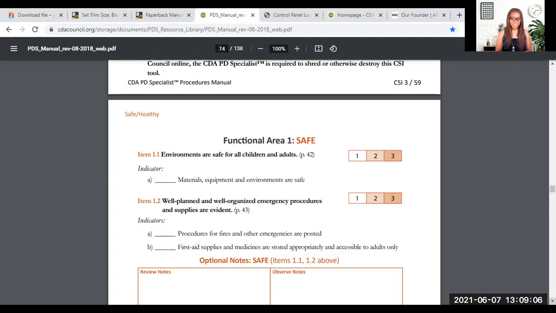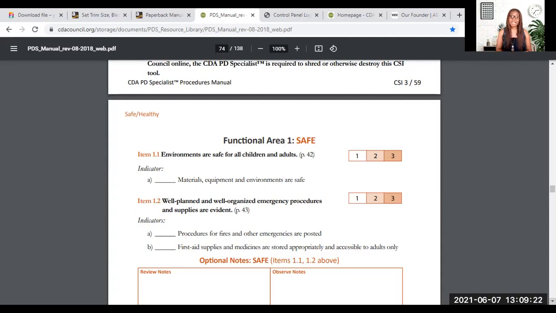As far as well-planned work, well-organized emergency procedures, like I said, make sure one's at every door. Okay, if a window is your exit, make sure that area is labeled as well.